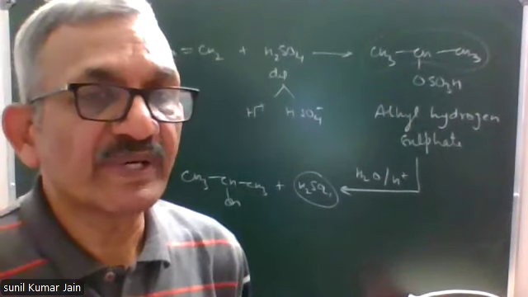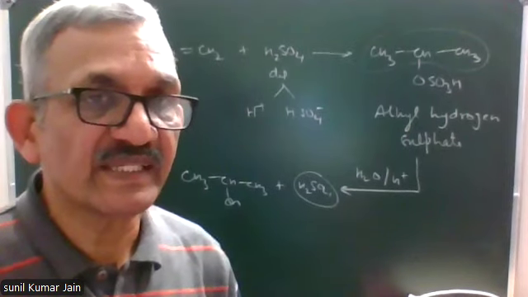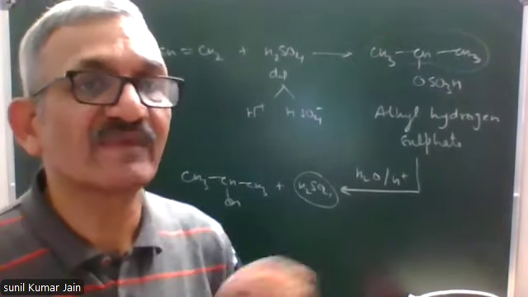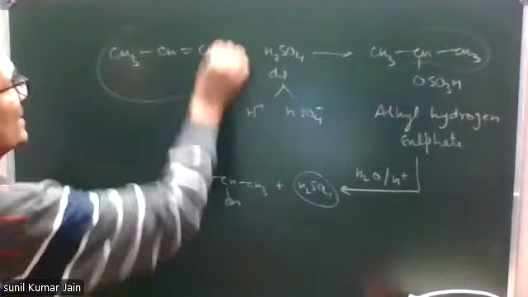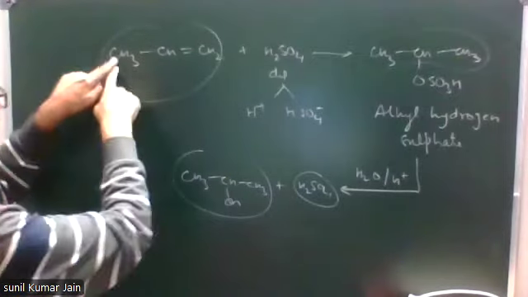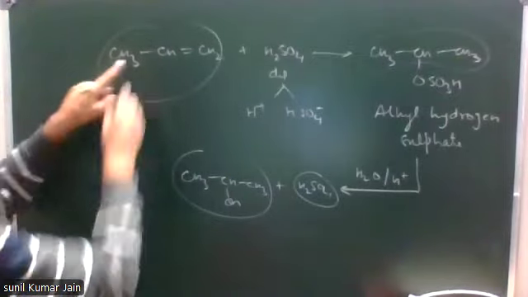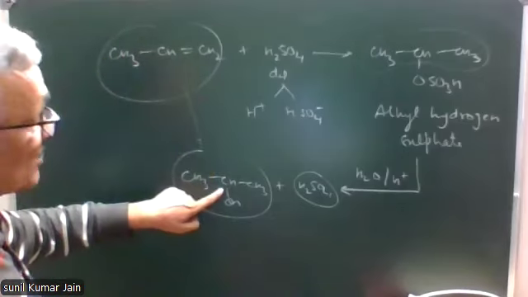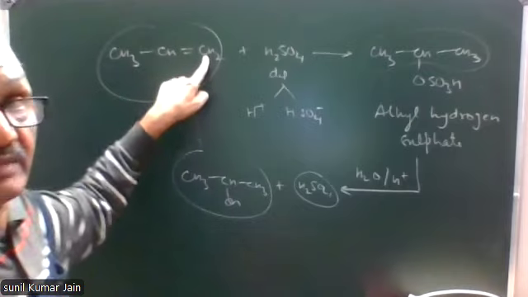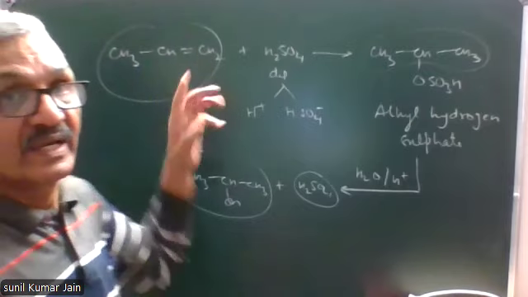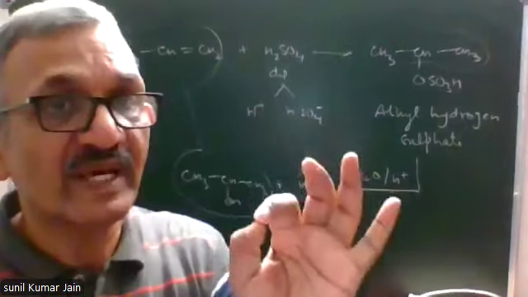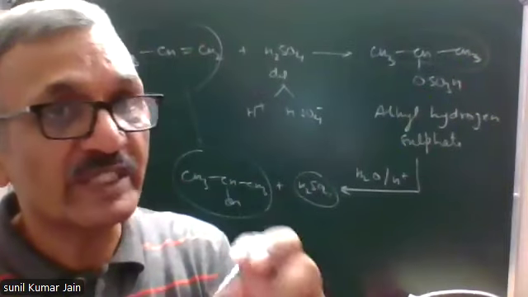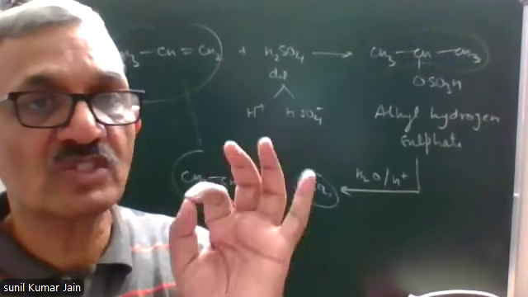Now, if we compare the starting material, that is alkene, and the final product, let us see what is the change. There is no change on the first carbon atom. At this carbon atom, OH has been added. On this carbon atom, hydrogen has been added. It is addition of OH and H. OH and H are nothing but two parts of water.